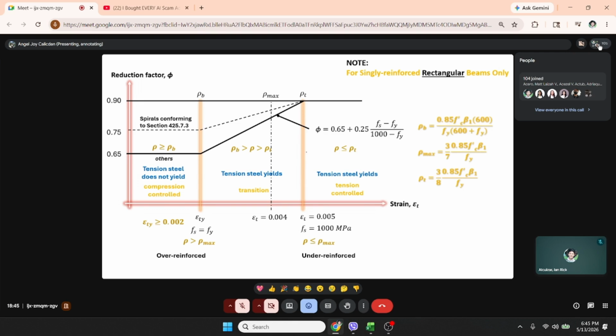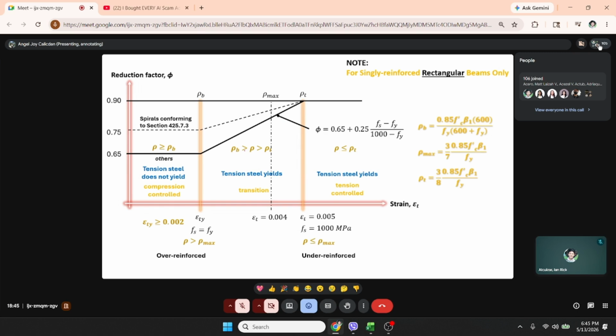And here na boundary is sa tension controlled na rho. And if imo ang rho is less than or equal to the tension controlled na rho, naa ka sa tension controlled na zone and imong tension steel kay nag-yield.